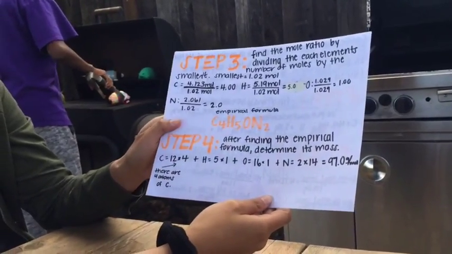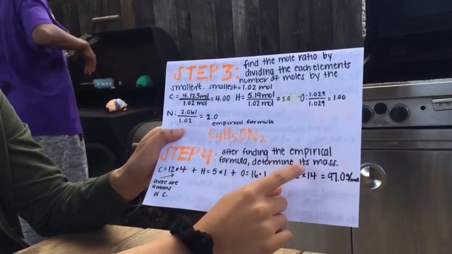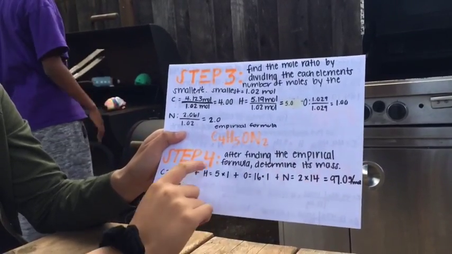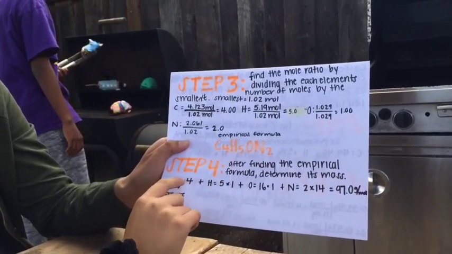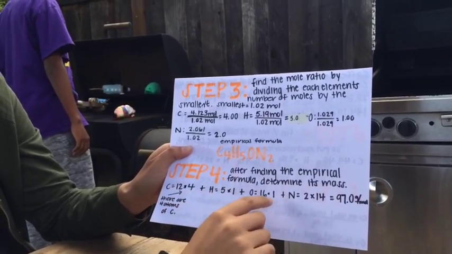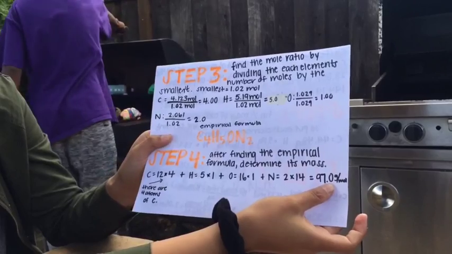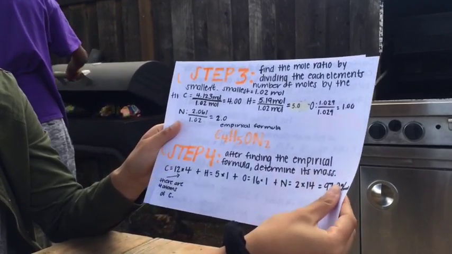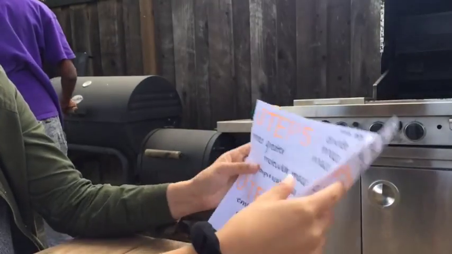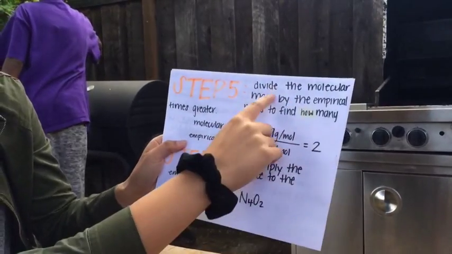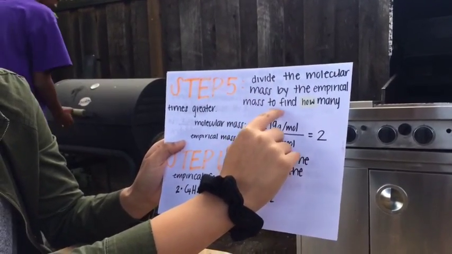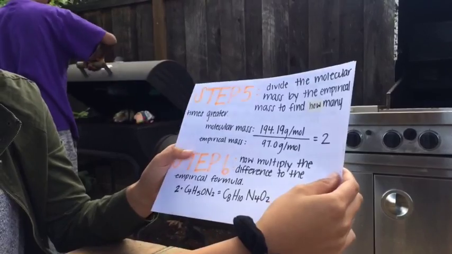Next, after finding the empirical formula, you determine its mass. The atoms given, you multiply by the mass of each element. Once you get that, you get 97.0 grams per mole of the whole entire empirical formula. Last two steps, you divide the molecular mass by the empirical mass to find how many times greater it is.